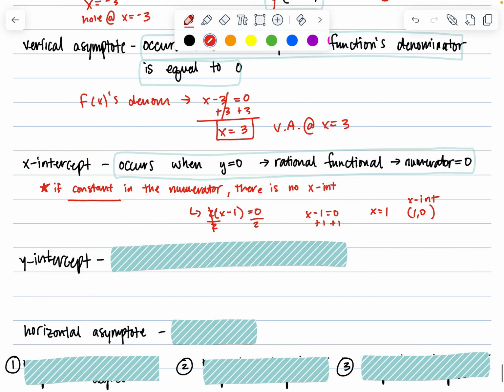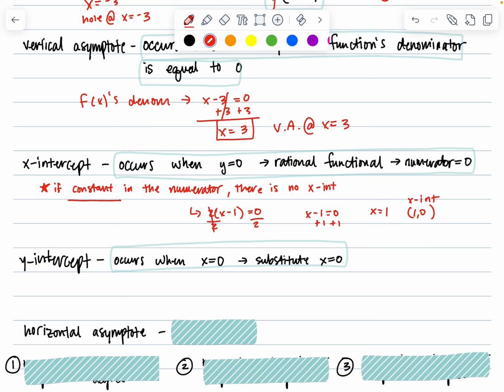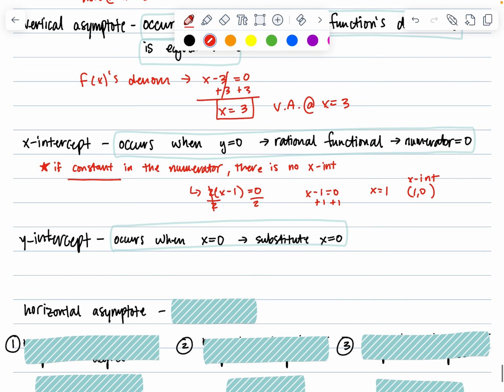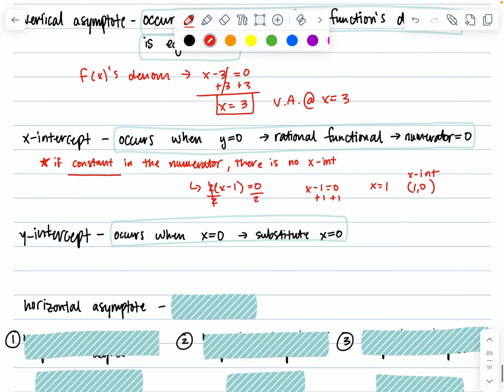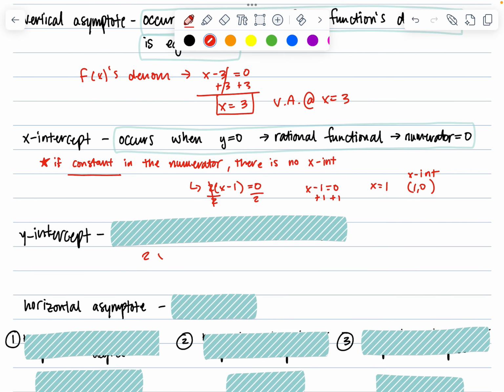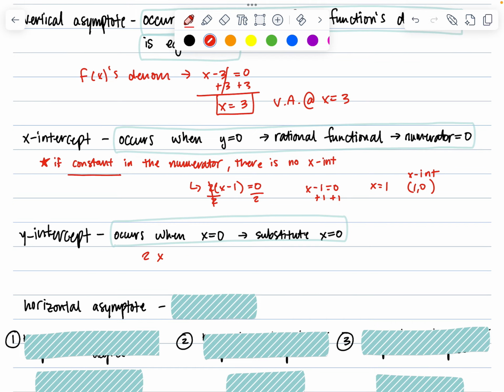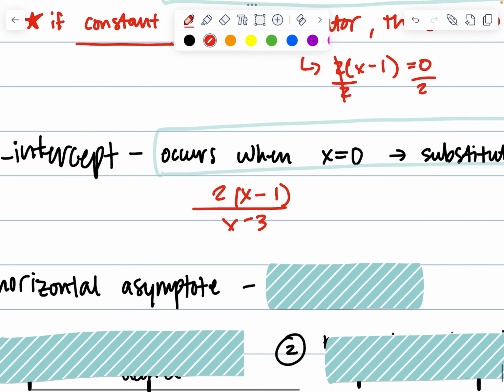For the sake of it, I'm going to show the y-intercept as well. The y-intercept occurs when x is equal to 0, so all we have to do is substitute x into the function, and we could use the simplified function for this. So we have 2 times the quantity x minus 1, all over x minus 3, and we do this for x equal to 0.